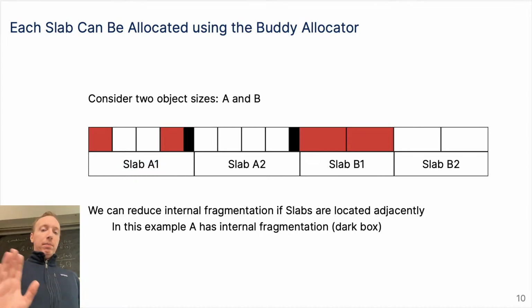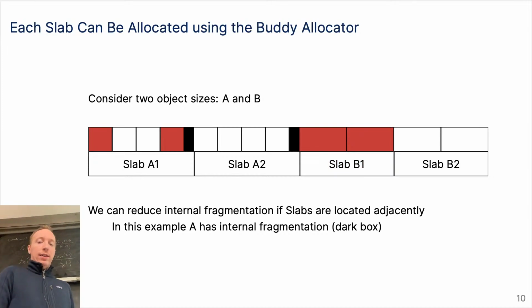And then you could have another slab right beside it, A2, that has the same issue, holds 4 A's and has some internal fragmentation. And then maybe you have slabs for B's that actually nicely divide up the block. So you have 2 on this block, then you have 2 on 2B.